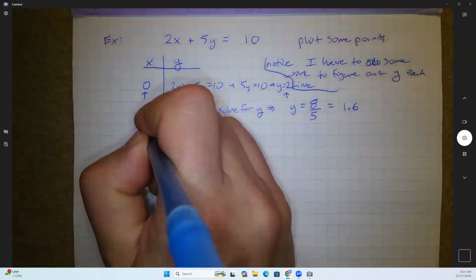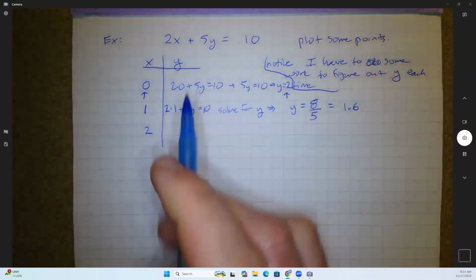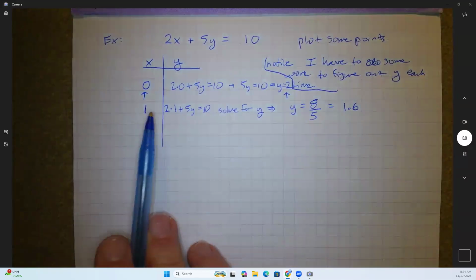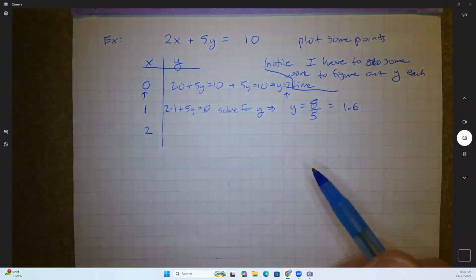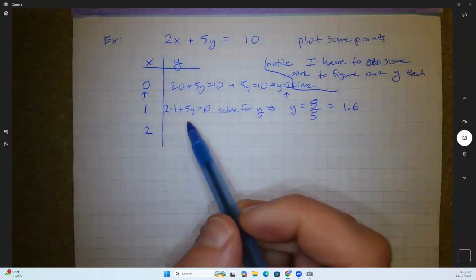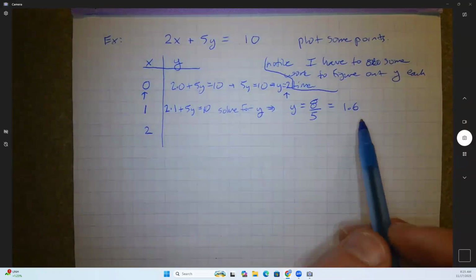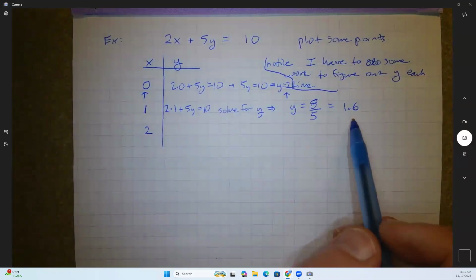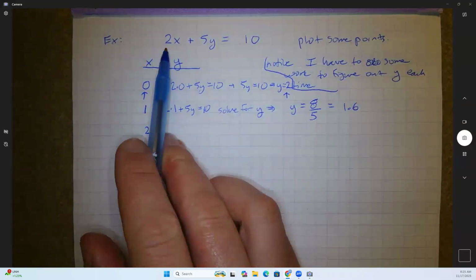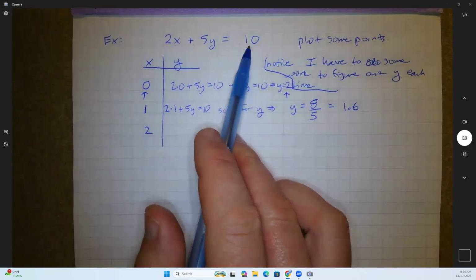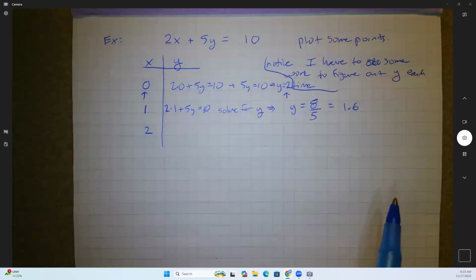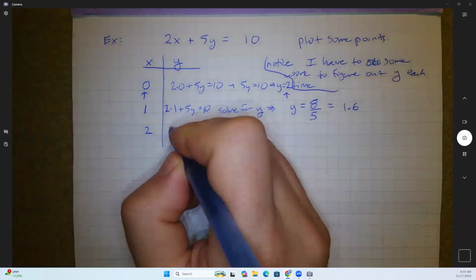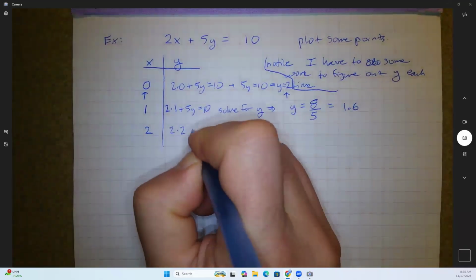And if x is 2, I'll let you confirm the arithmetic. Well, I better do it because my brain is slow today.